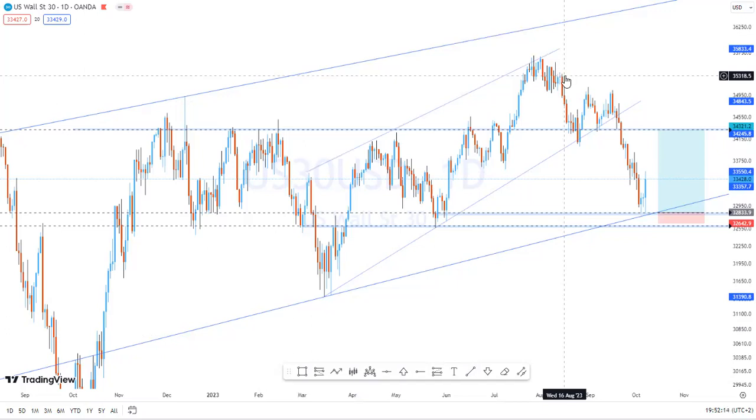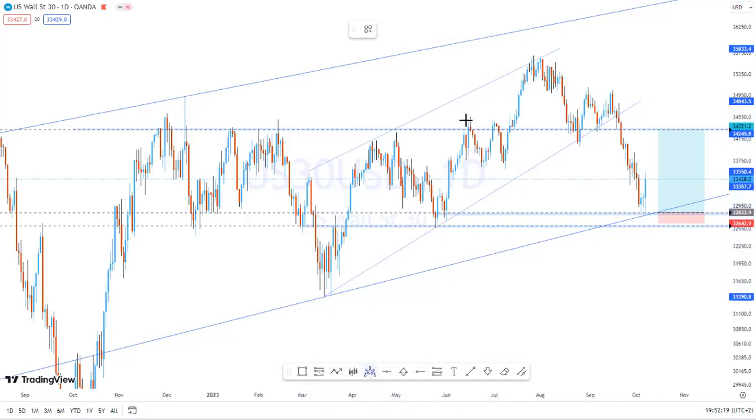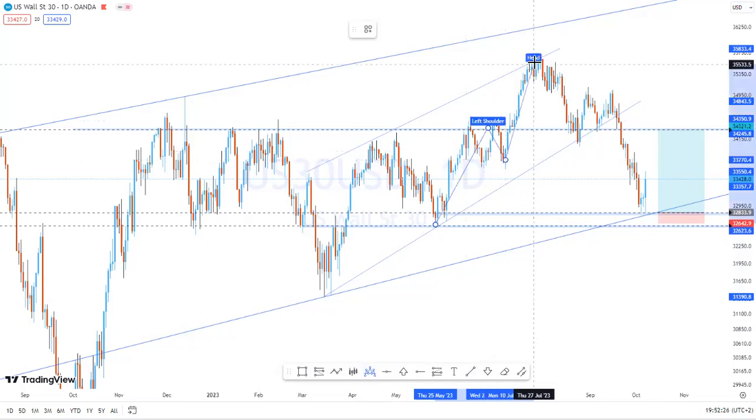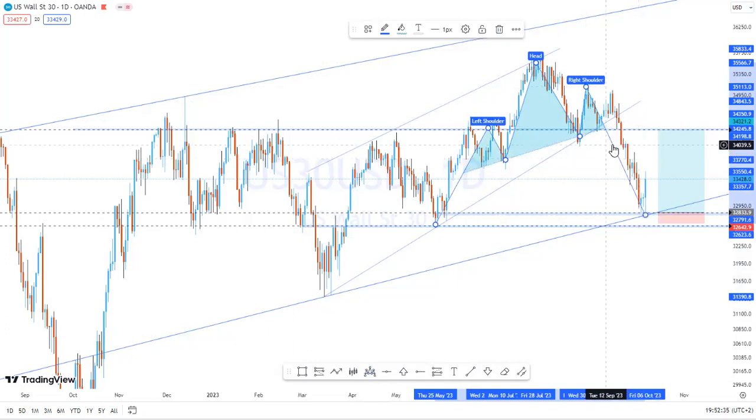And again, you find that we had a head and shoulders inside of this pattern. It may not seem picture perfect, but it is what it is. The 90% rule of this head and shoulders was covered.